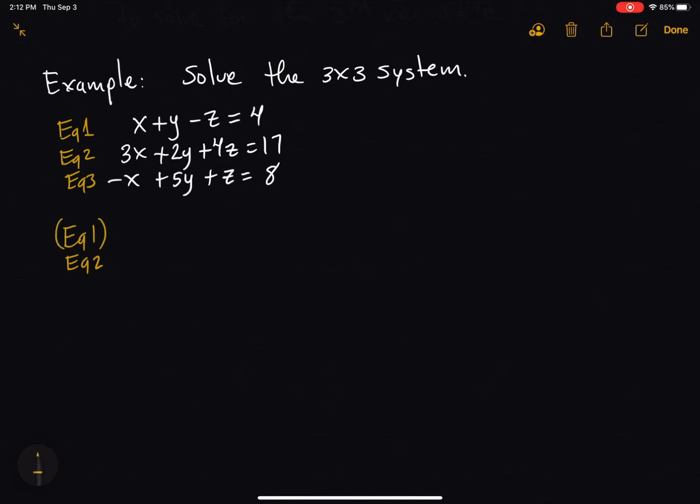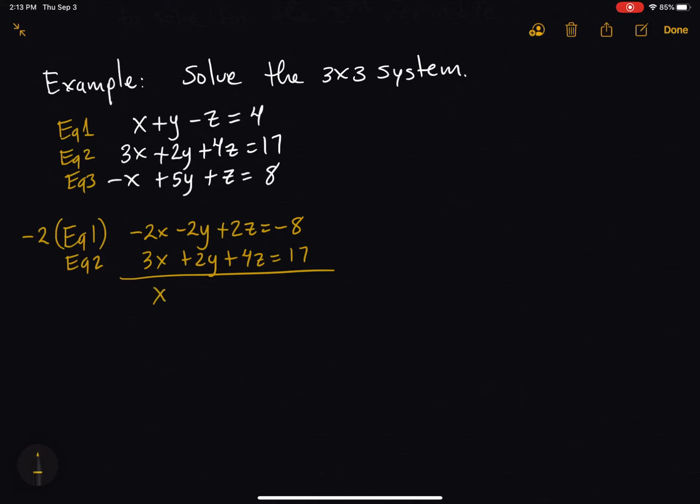In order for me to eliminate the y, I need to multiply equation 1 by negative 2, giving me negative 2x minus 2y plus 2z equals negative 8. In equation 2, we just bring it over the way it is. Okay, we add these two lines vertically, and so 3x minus 2x is 1x.